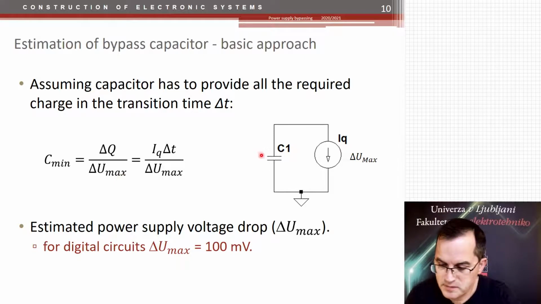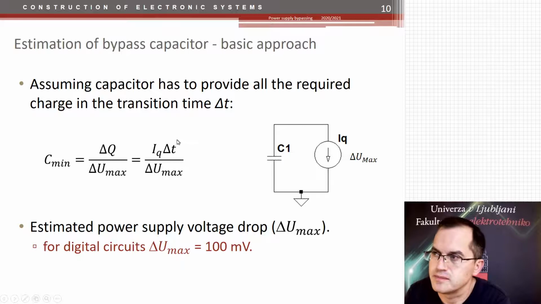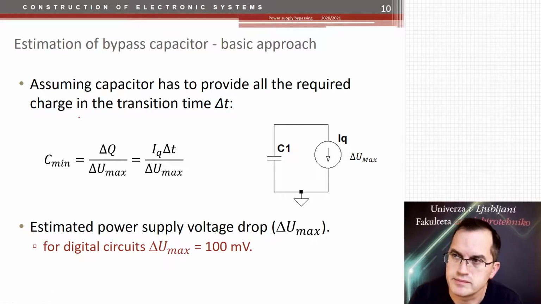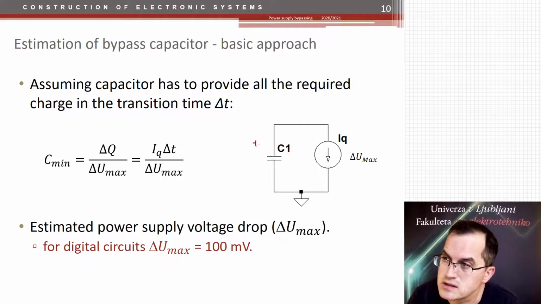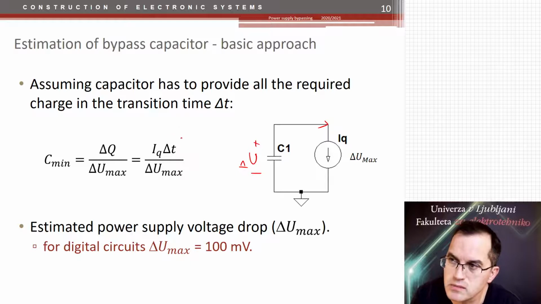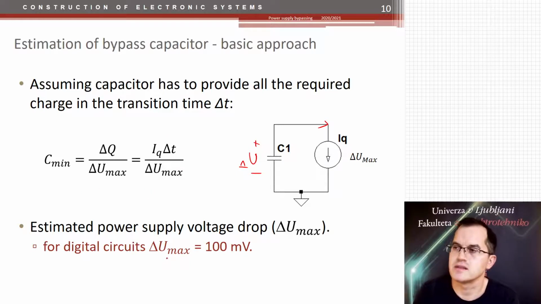So actually we can say that C is the charge taken from the capacitor divided by the maximum voltage change which we allow, and the voltage on this capacitor would then change by a small amount. This is the current that flows, and the current in a certain time would be the charge. So that's how we define the capacitance.